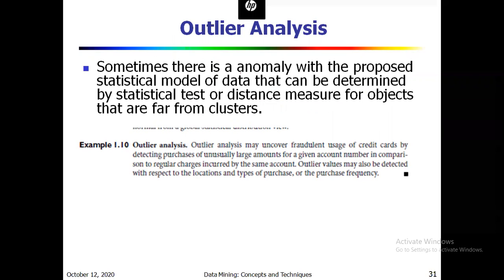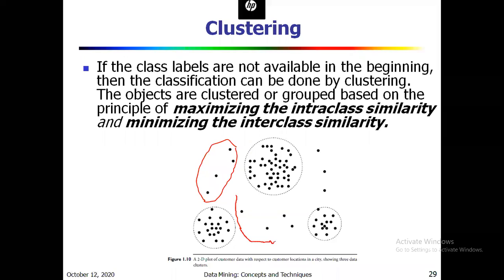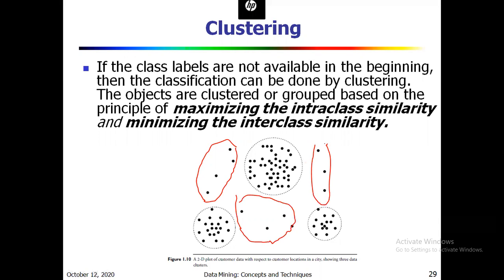Now we see that there is anomaly in the data. Like we see here in the cluster example, these are the anomalies which deviate, and these in fact are ignored in the outlier analysis. So we ignore these points because there are very few samples which lie in the outlier analysis.